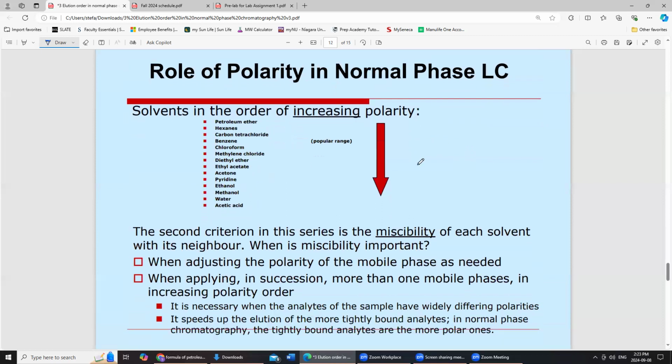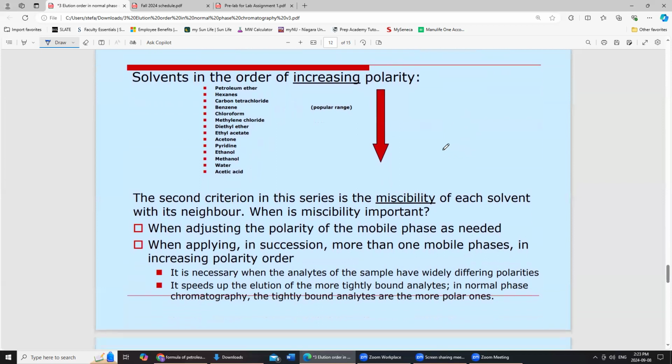So the second criterion is the miscibility of the solvent with its neighbor. Miscibility is important because you want to make sure that your chemicals will mix together and form a solution, so you won't get weird borders between little bubbles of each solvent. You want it to all be uniform so everything comes off evenly.